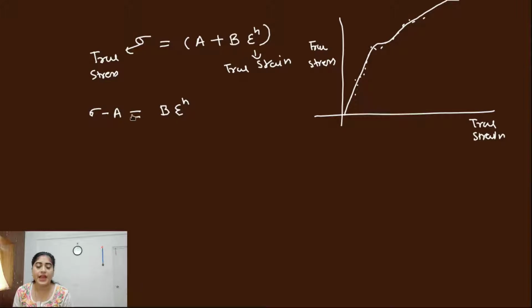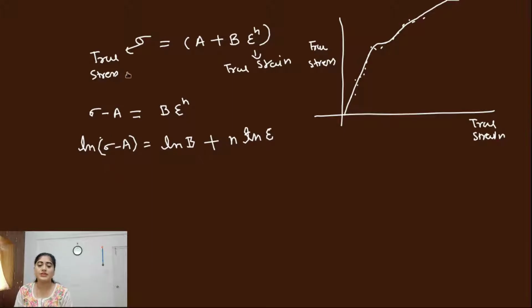Now we take ln on both sides. ln is log to the base e. So ln of (sigma minus A) equals ln of B plus n times ln of epsilon, because the multiplication becomes an addition when you use ln.